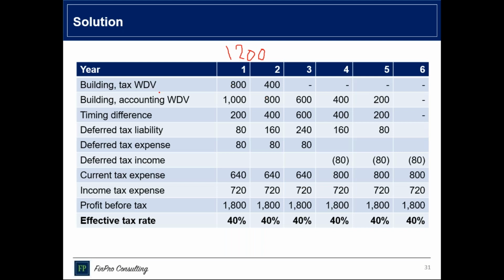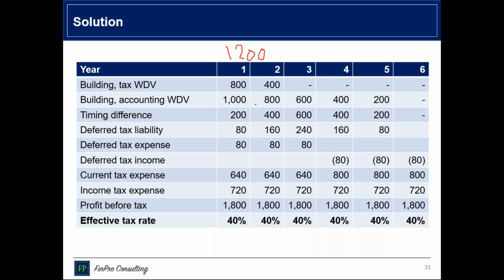So if you consider the tax WDV, it is 800 in the first year, 400 in the second year, and 0 from third year onwards. So just for simplistic purpose, I am using the SLM basis for tax. However, I know from income tax angle, we use the WDV method. This is only for the illustration purpose. From a building accounting WDV, you could see my depreciation as per accounts is 200 throughout the 6 years.